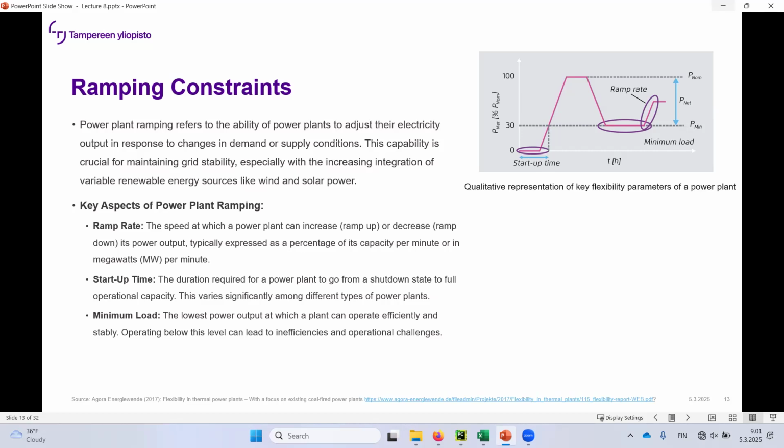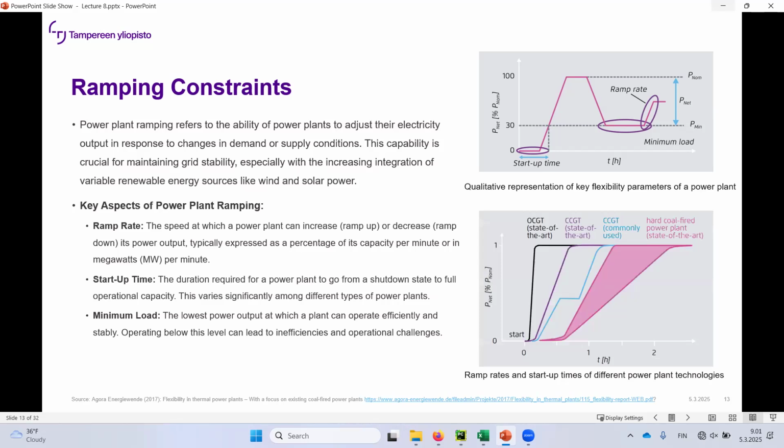Minimum load, the lowest power output you can produce with the plant. And there's, for example, open cycle gas turbine, combined cycle gas turbine, state of the art and commonly used. So there's a kind of discontinuation due to the fact that there's the gas turbine and there is the heat recovery steam generator.